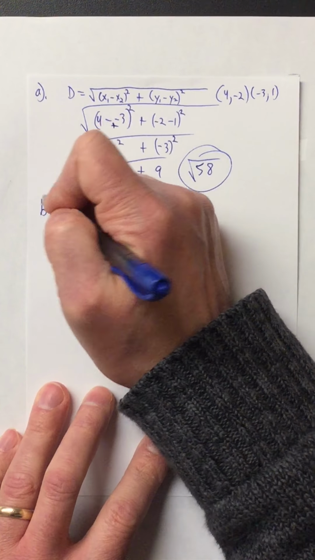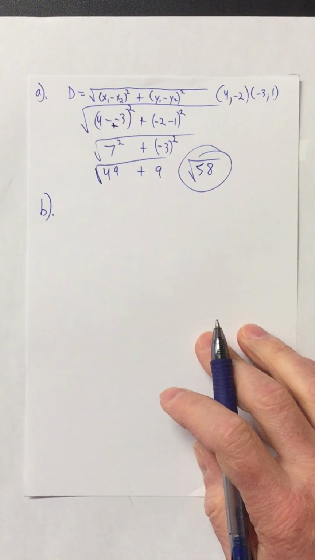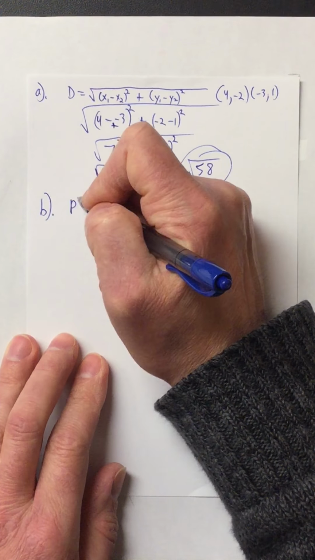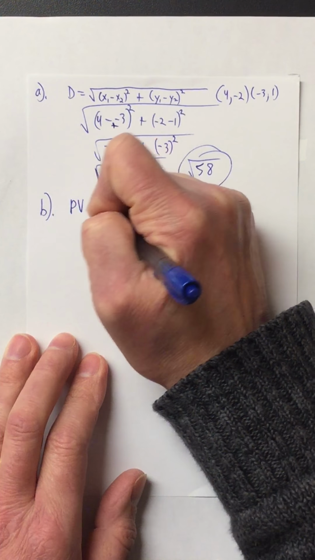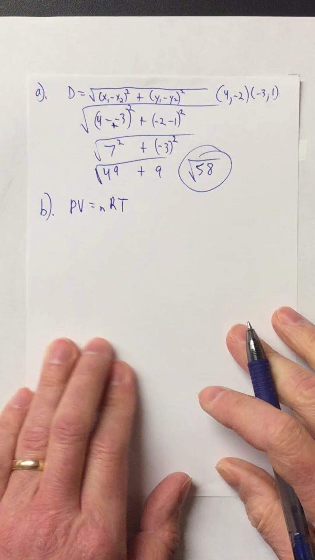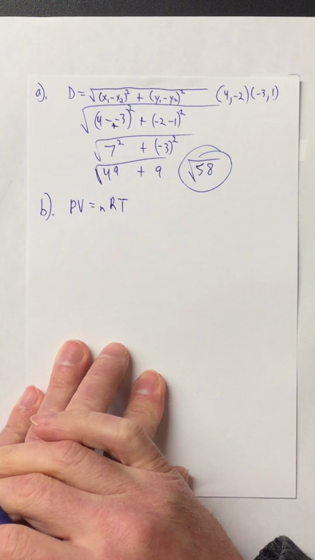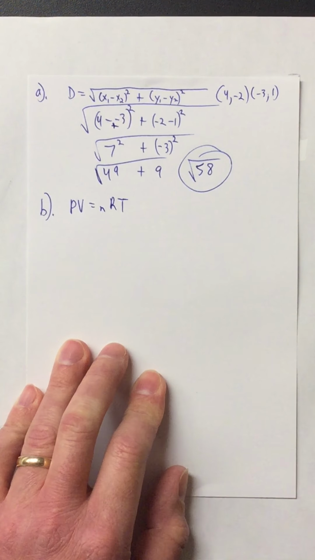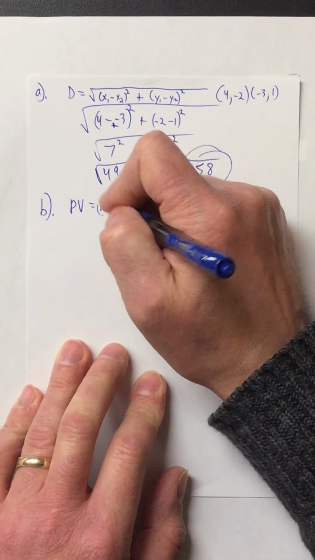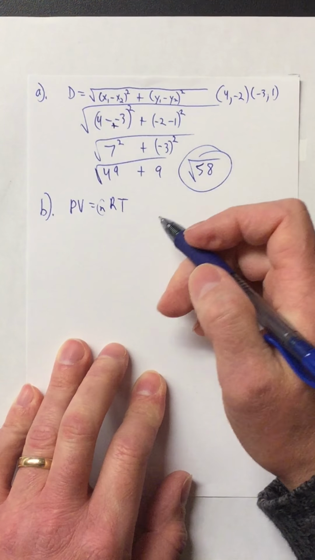Okay, moving on to practice problem B. I'm going to write out my equation first, which is PV equals nRT. And then I'm going to ask myself, what are they trying to find? It says to find the number of moles. So that is my lowercase n right here that I want to solve for.